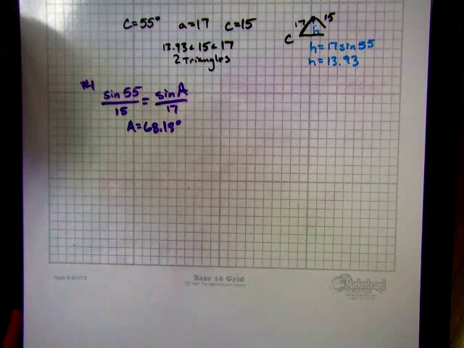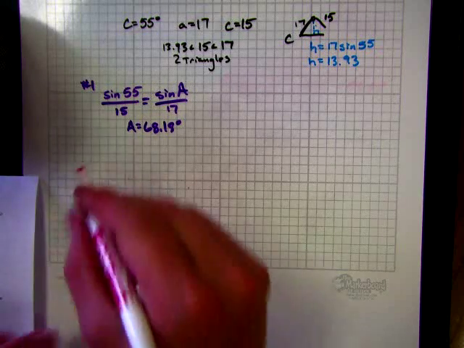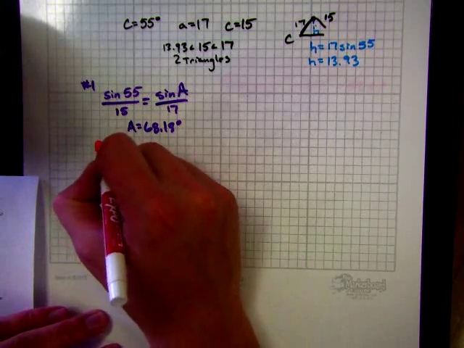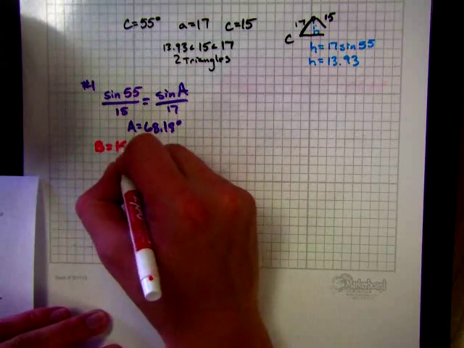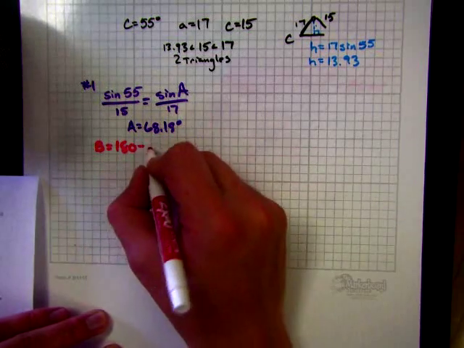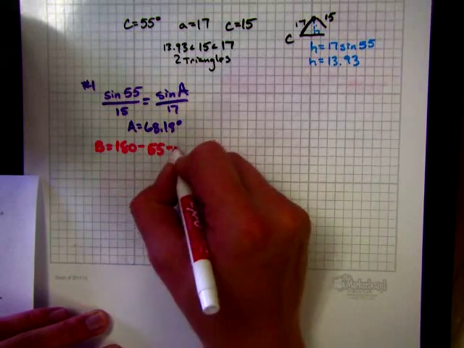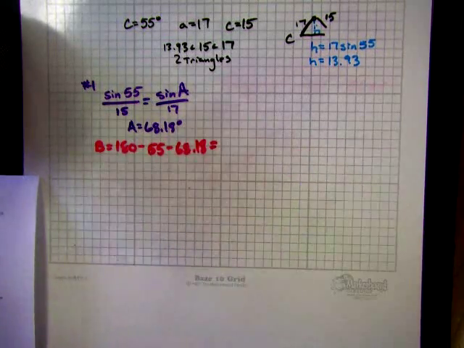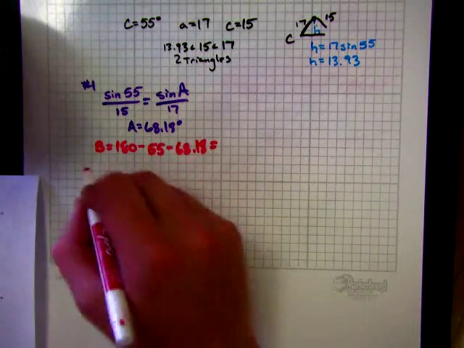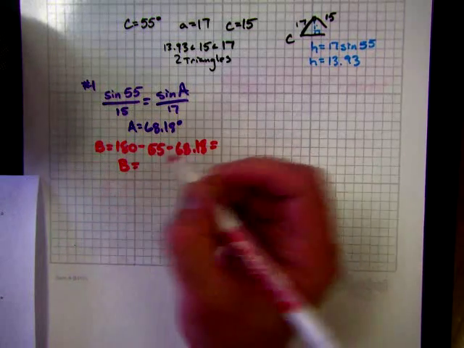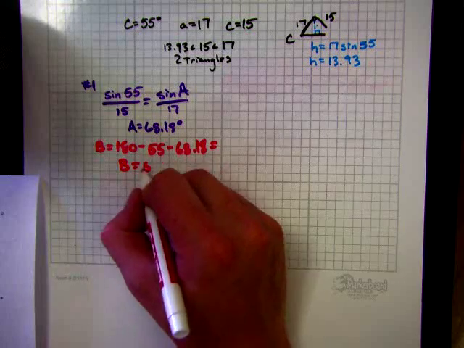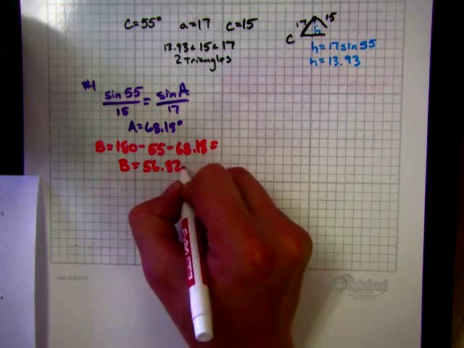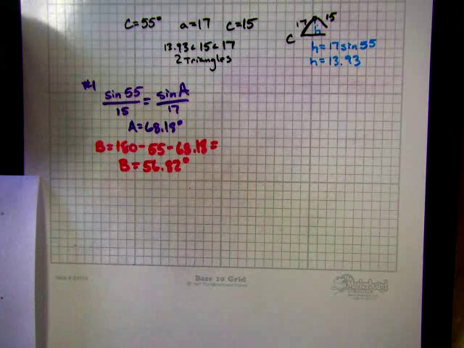Now that I know angle A and angle C, I can find angle B by taking 180 minus angle C minus angle A. Okay, and this is going to give me angle B is equal to 56.82 degrees.